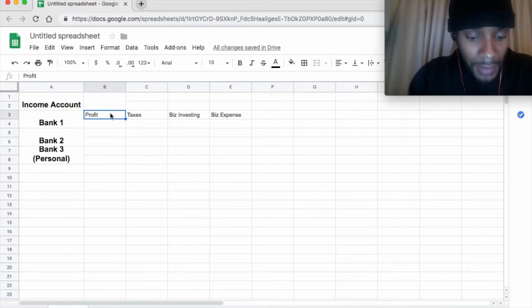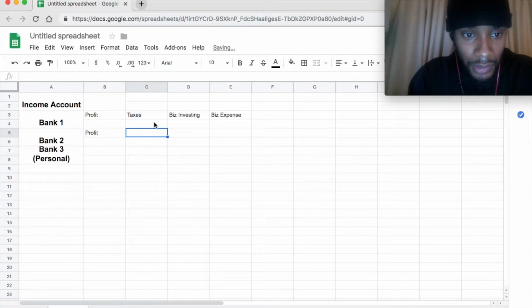We'll set the same ones up here in bank 2, and I'll go over the whole mind conception of how these are actually put in place.